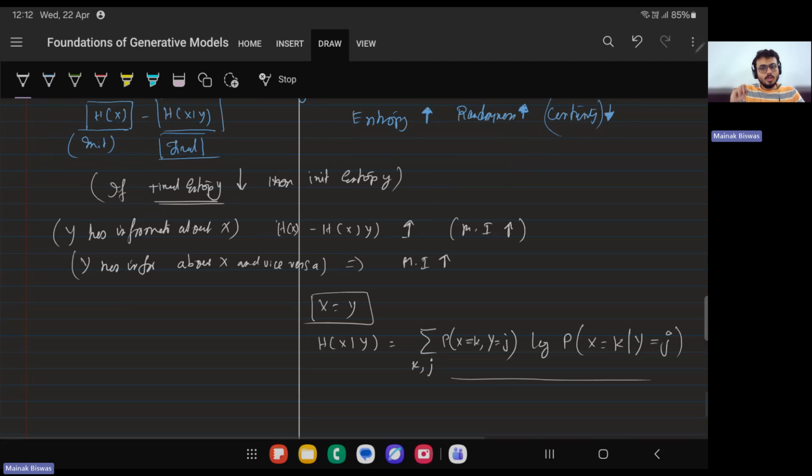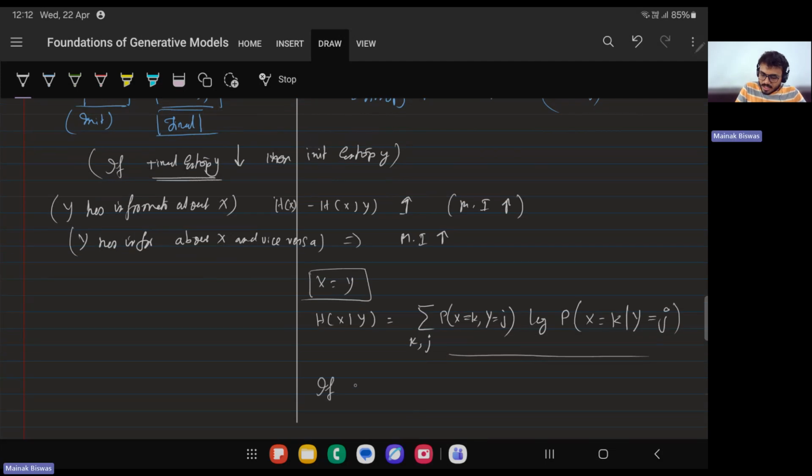So now I know if K equal to J, P of X equal to K, Y equal to J, what will this be?